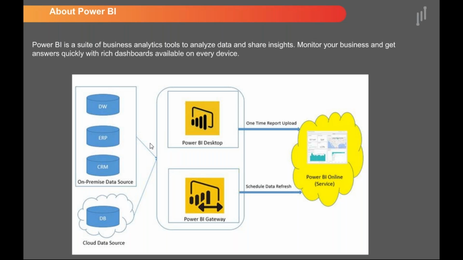I'm going to show you in a demo which data sources are available, right from big data to Excel file. You can connect to any of the commonly available data sources these days. Also from the cloud data source, you can get data from any cloud as well. Do your customization, make your visuals, and publish the report.